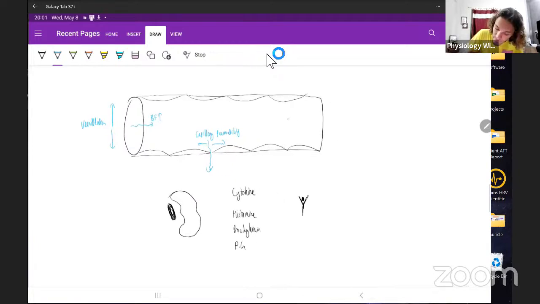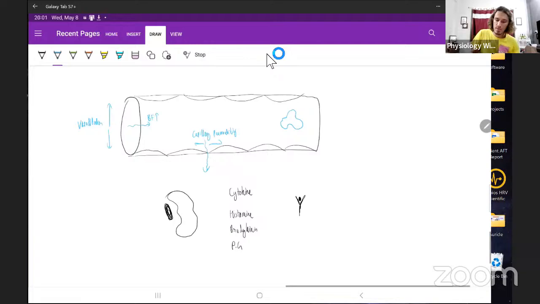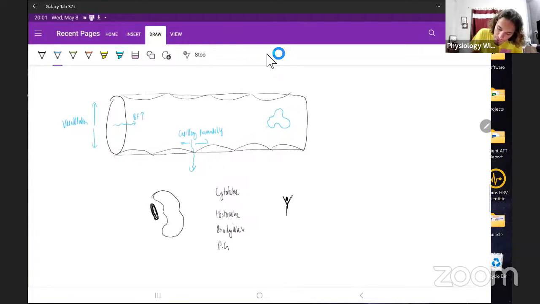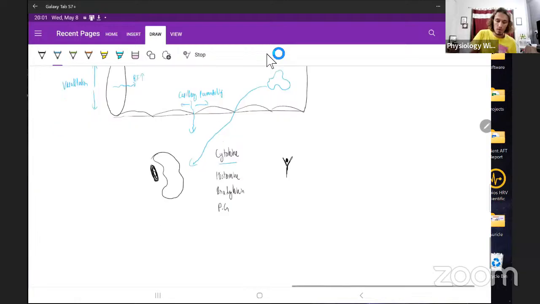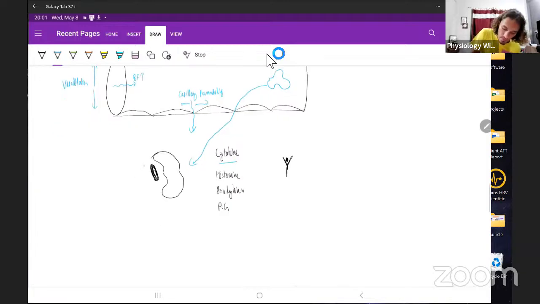Three, there are WBCs which are circulating in your blood. They can migrate to this location based on the presence of the cytokines. And what do they do? They go and start engulfing this.